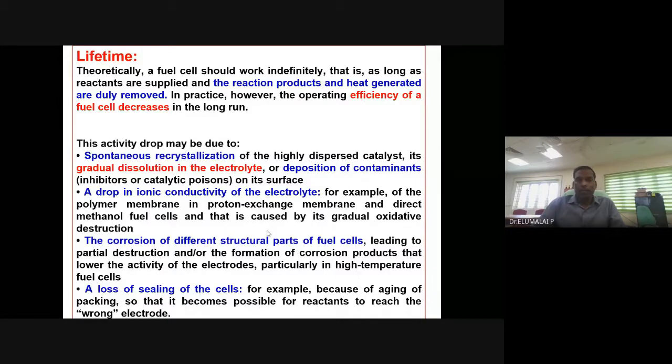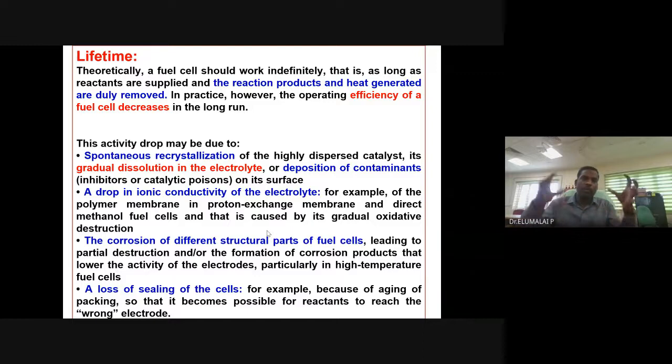Definitely it will undergo degradation. Poisoning will take place. Recrystallization will take place. Smaller particles will combine and make a larger grain. Smaller particles, more surface area, large contact area, better the performance. Many small grains will combine together to make a large grain, surface area is lost. Contact area will be less, so performance drops.